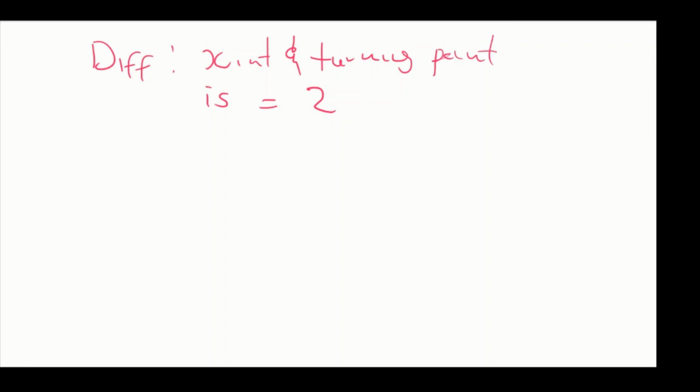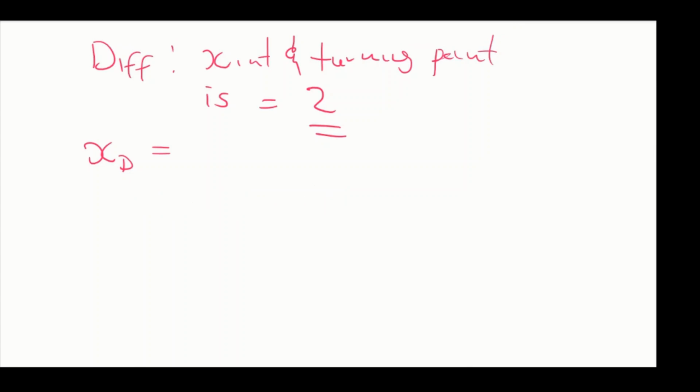So what we can do is this, because we want x of D and we know the difference is equal to 2. To find x of D, we have to say x of D is equal to the value of the turning point, which is equal to 3. We're going to minus the difference.